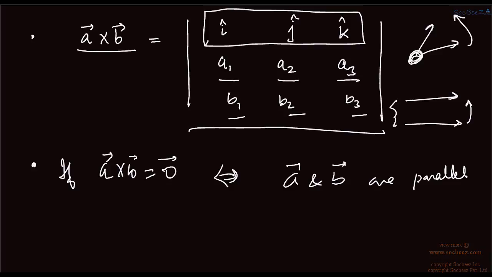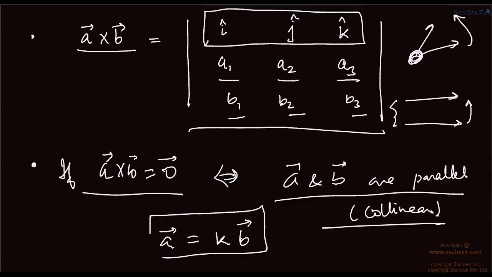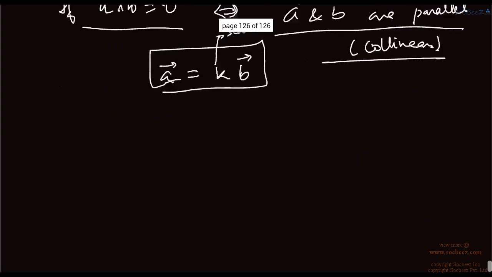But in this case you do not have any pivot end, so you cannot rotate. So if they are parallel, A cross B will be 0. You cannot cross them. So these are parallel or collinear, you can say, fine. And in this way, if they are parallel or collinear, A vector can be represented as a constant into B vector always. This is a scalar quantity, fine. Now move on.